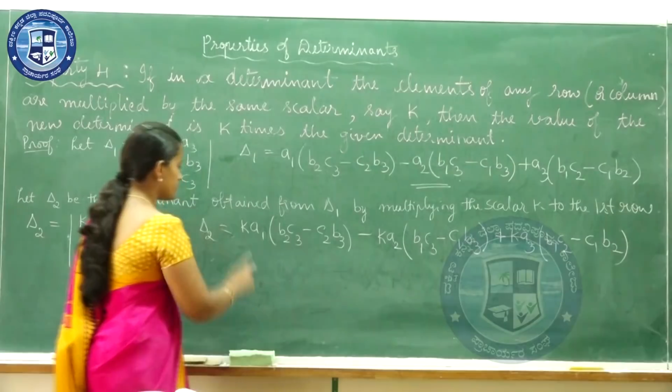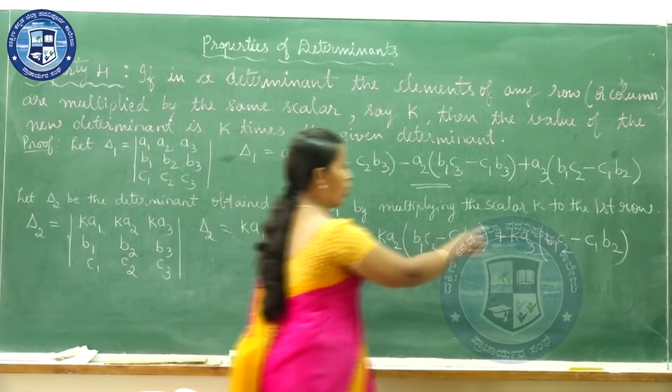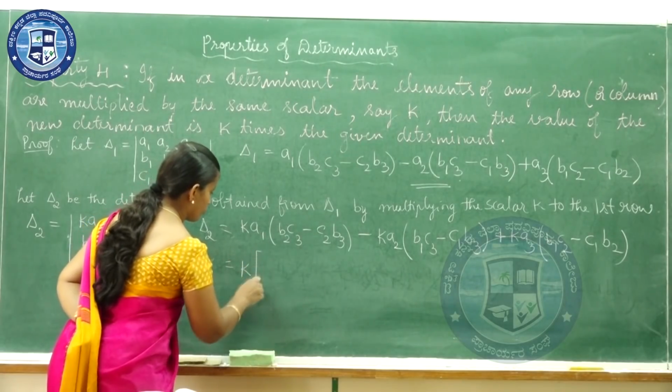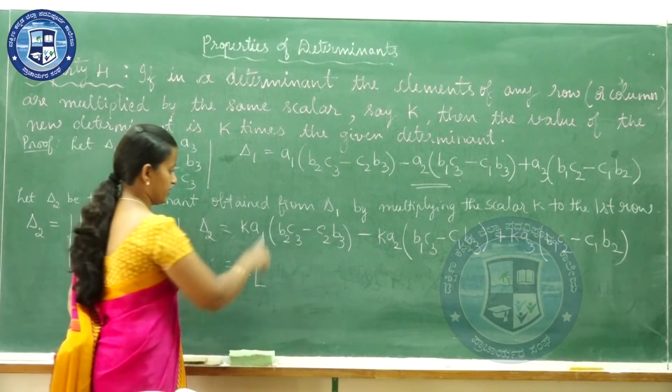Okay. Now, if you observe, k is common in all the terms. So, let us bring that k out. So, if you bring the k out, what will remain?